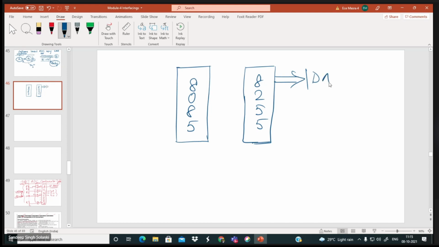So I am trying here to create an ADC. For that, what will be my circuit? The answer is this will be our circuit.